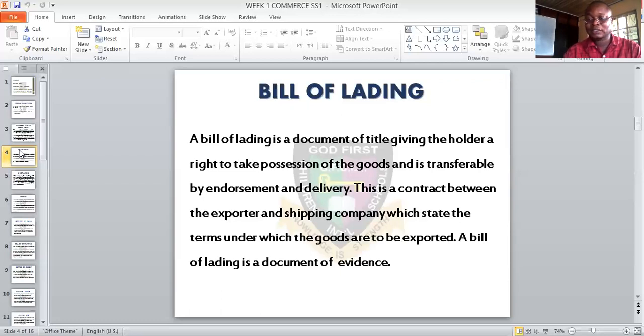It states the type of goods to be exported, that is, goods that are to be sold or sent to the other country. The bill of lading is evidence of a document.